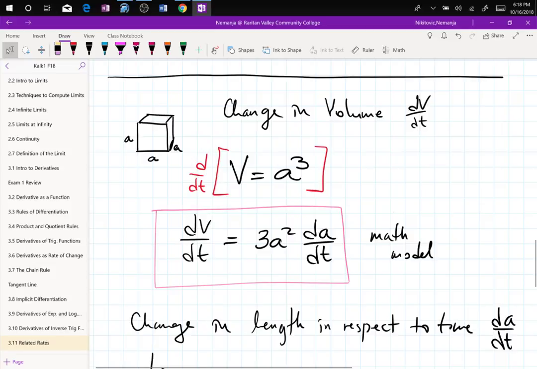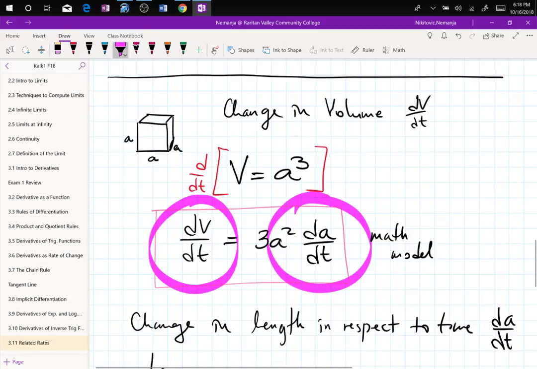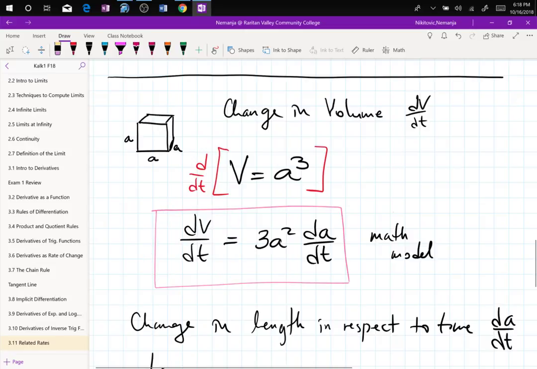So we know that related rates require at least two rates that will be related with some formula. In this case, we started with the ice cube that is melting in the sun. As the ice cube is melting, the length of each of the sides is decreasing at the rate dA dt.